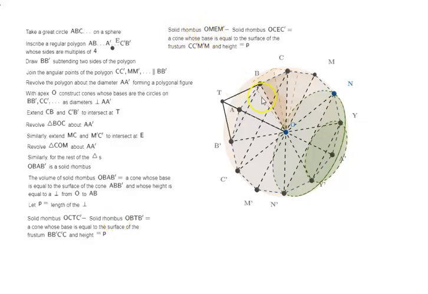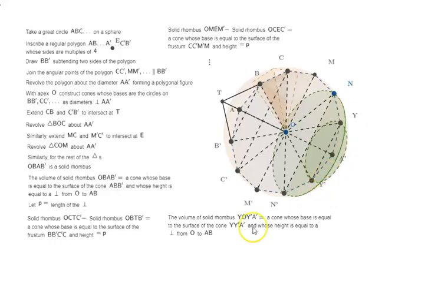Again, solid rhombus OME, that is our apex of the cone, minus solid rhombus OCEC prime is equal to a cone whose base is equal to the surface of the frustum C prime M and height equal to P. And similarly for the rest.